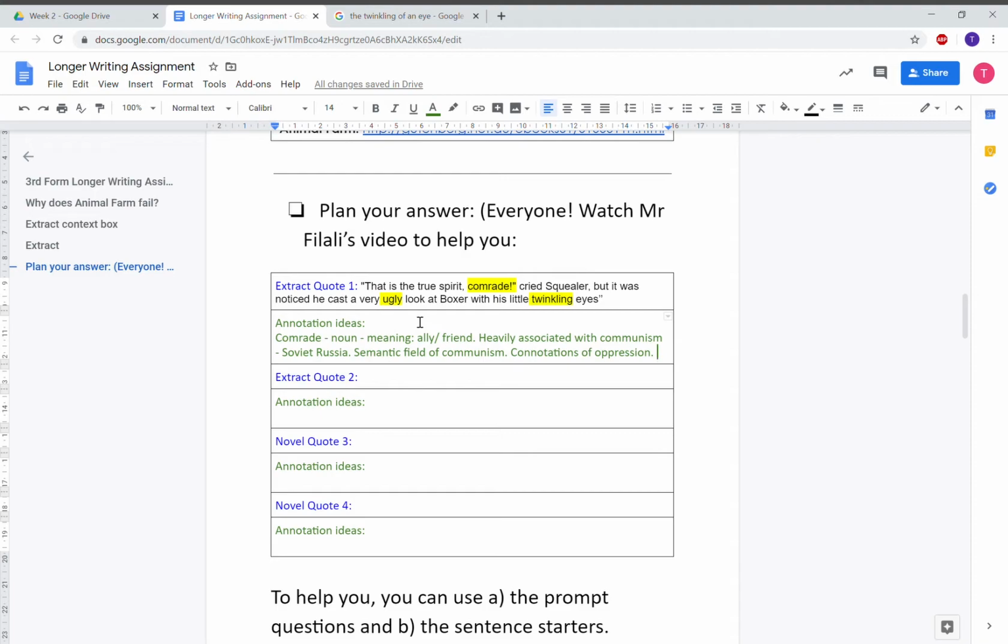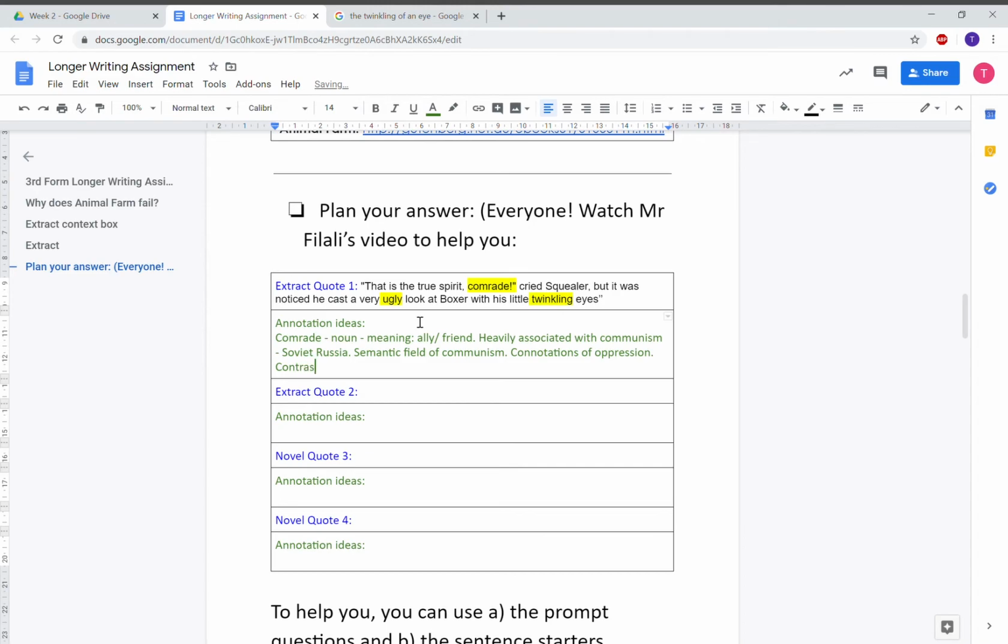Now, over the years, the word comrade has connotations of oppression, but it's interesting because there's a real contrast in this word between what it means, so it means to be a friend, and the connotations that it has. Okay, so we're going to write this. There's a contrast between the meaning of the word and its application.